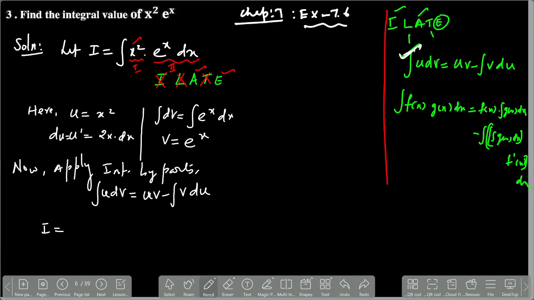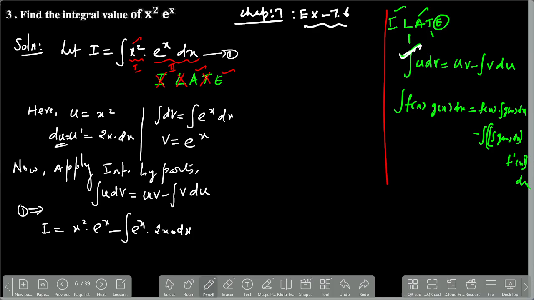I equal to, equation 1, I equal to uv. What is u value? x square. What is v value? e power x. Minus integral v into du, that is e power x into 2x dx. Students, any doubts?